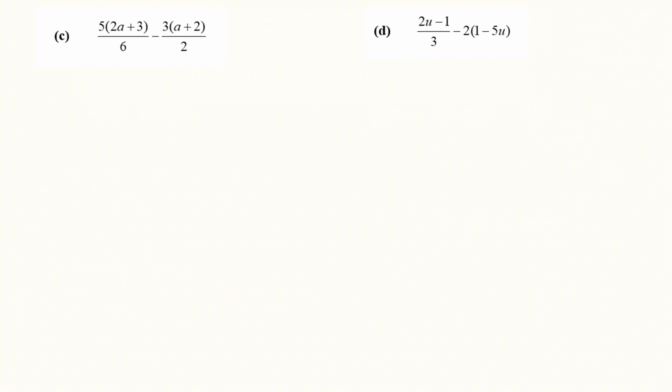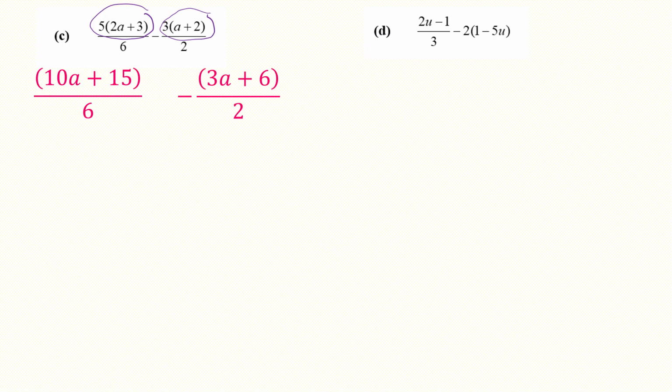Let's look at the next question. For the next question, what I would suggest is to expand the bracket first by using the distributive law, before anything else. Let's see how we can do it. That will give us 10a plus 15 over 6 minus 3a plus 6 over 2.